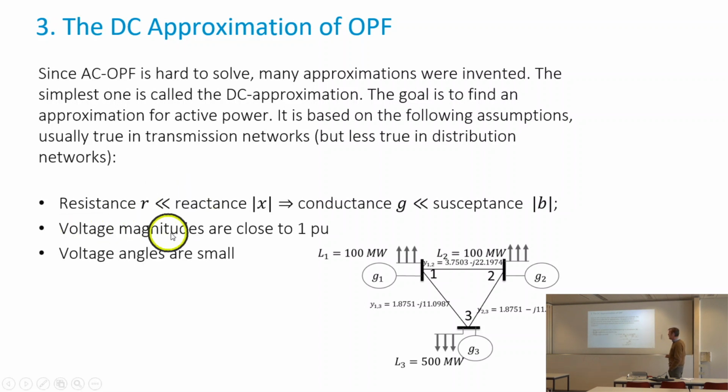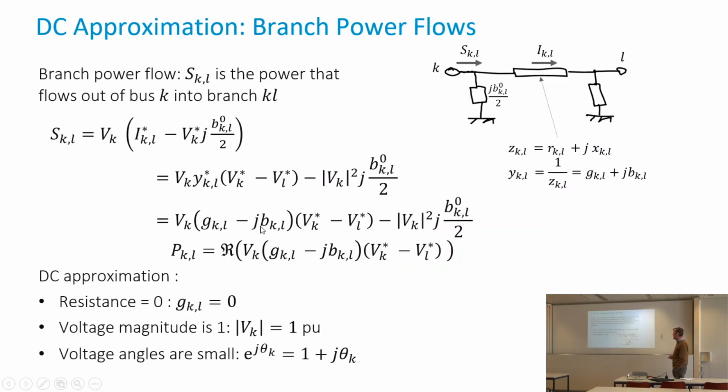Also, it operates in a region where the voltage magnitudes are very close to 1. And the voltage angles between the different buses are typically very small. We find milliradians, sometimes hundreds of milliradians, so we never go much beyond that, and often much below.